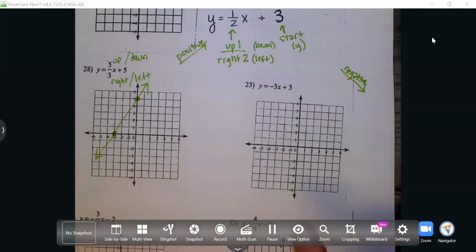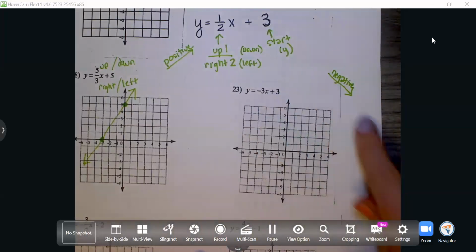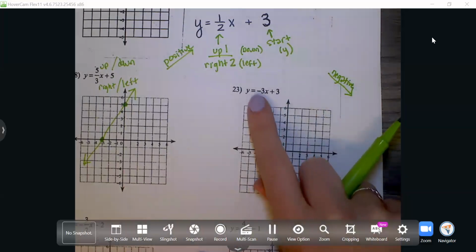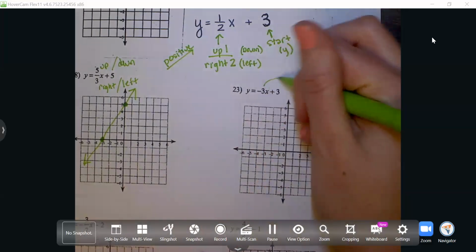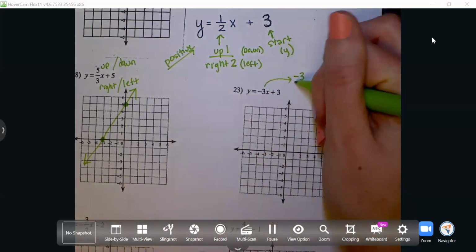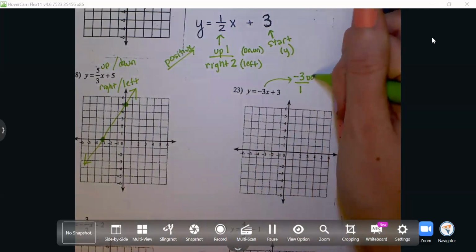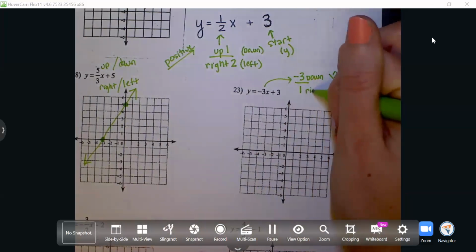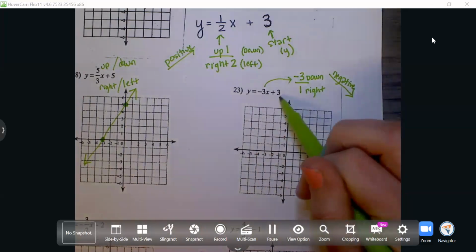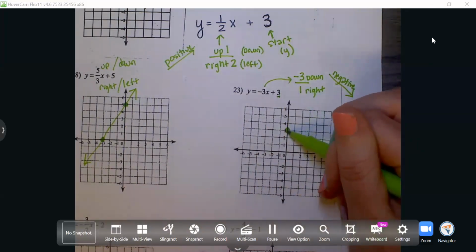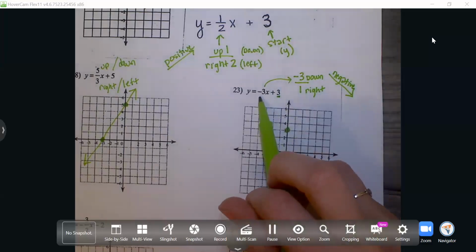If I have a negative slope, like I pointed over here, my line should be going down to the right. This is a whole number. I'm going to rewrite this slope as -3 over 1. So I'm going down 3 and to the right 1. Again, this 3 is my starting point. That's my y-intercept. I start at 3, and this tells me where to move.